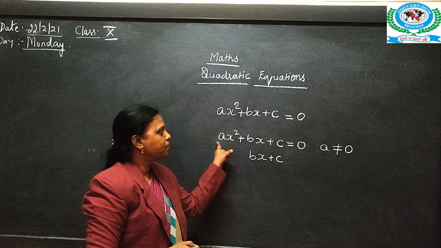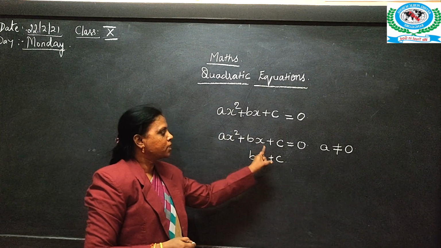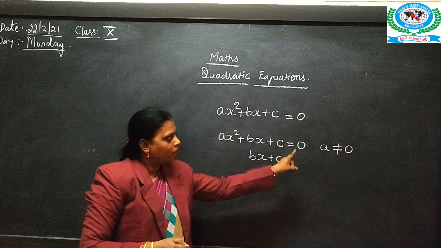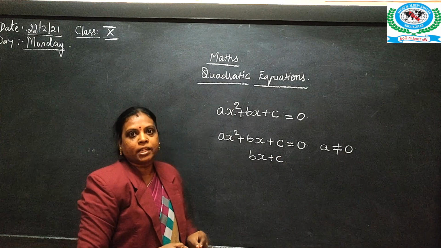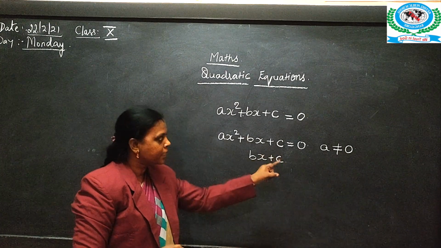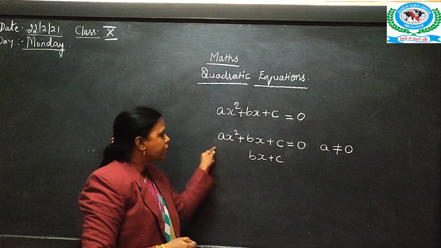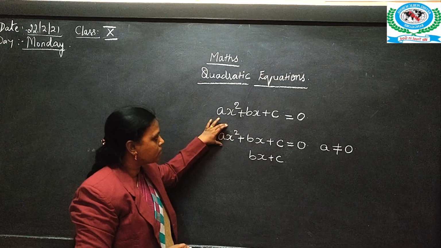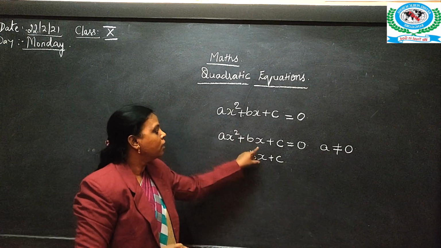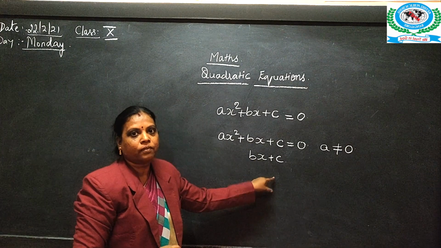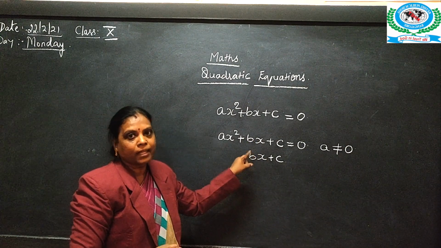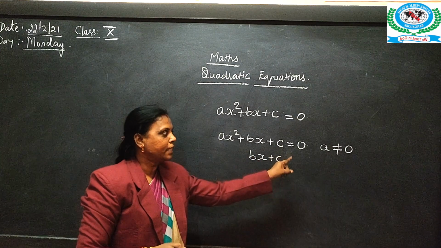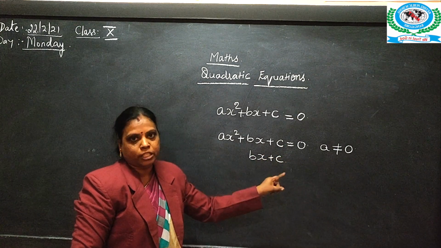For that purpose, ax square plus bx plus c is equal to 0, where a should not be equal to 0. If this becomes 0, you will be left with only bx plus c, which is not a quadratic equation. For that purpose only, a should not be equal to 0.